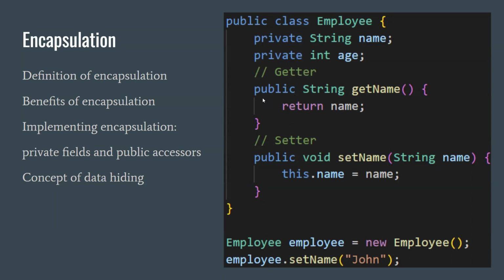So we have this public getName method and public setName. They allow controlled access to the name field, and this illustrates the encapsulation we talked about. And we can see that we can create an employee object by instantiating the employee class, and you can set its name to John by using the setName method.